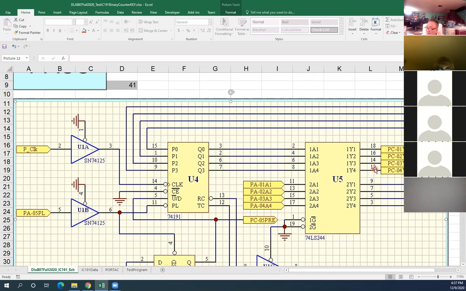Now, what you need to do is go back to pin number 8. When you measure pin number 8 using a meter, either you get 0 or you get 1.